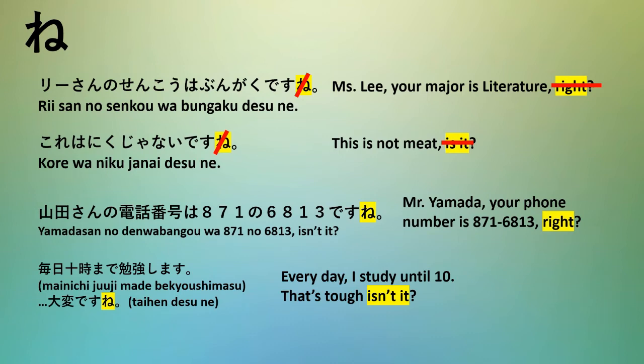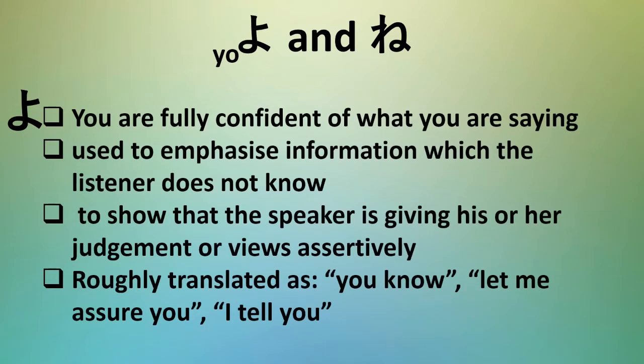So, every day I study until 10. 大変ですね. That's tough, isn't it? You want to emphasize the difficulty of studying until 10. And you are fully confident with what you are saying.